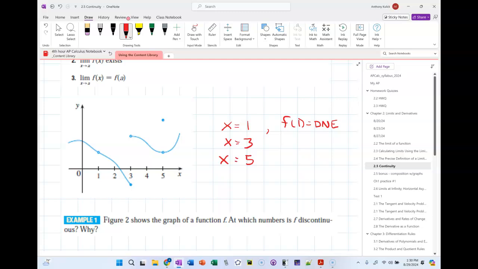Everybody's okay there? There's no value when x is equal to 1. That doesn't exist. That's the problem. How about for 3? And when x equals 3, what is our problem? Okay, good.